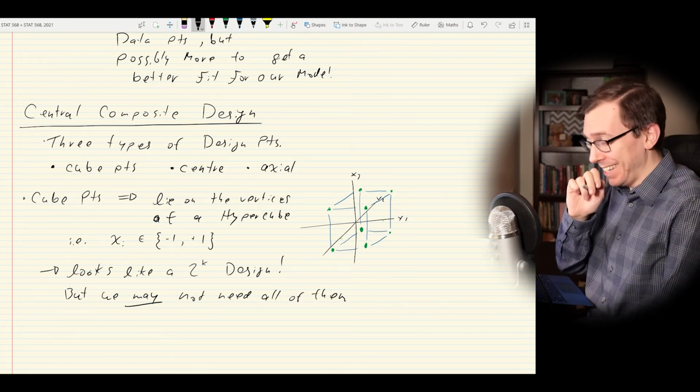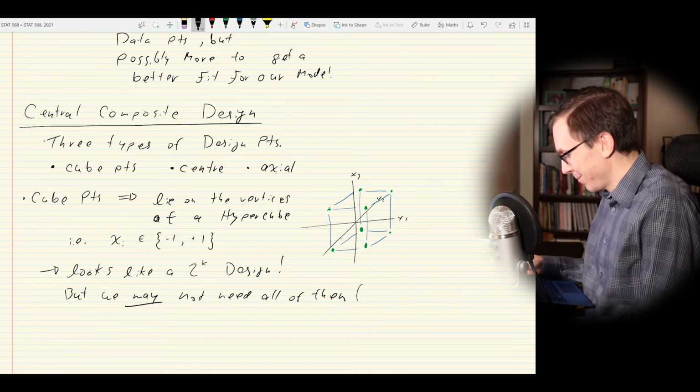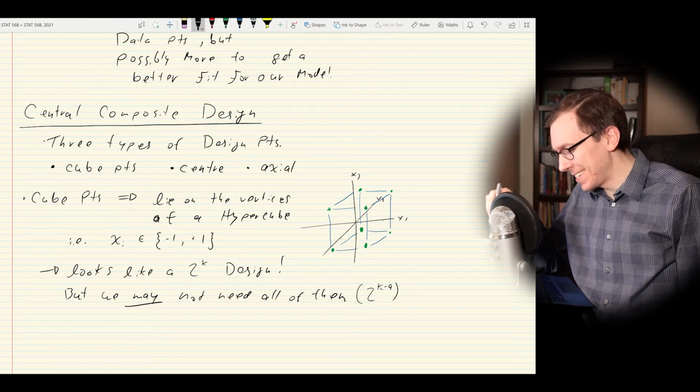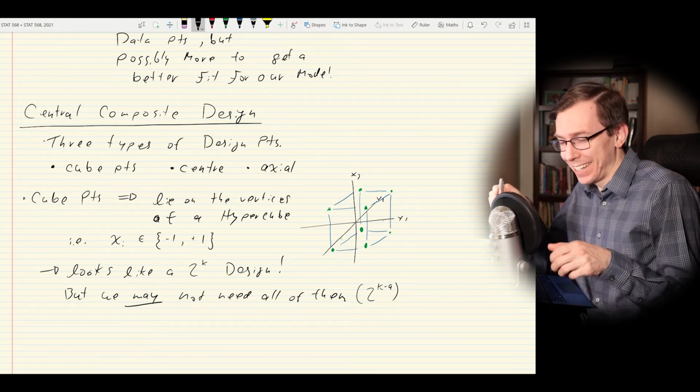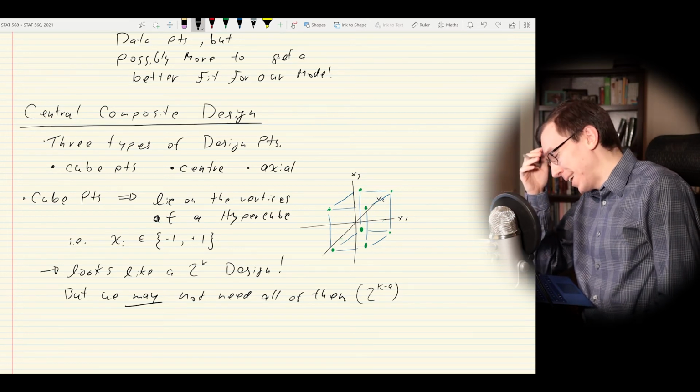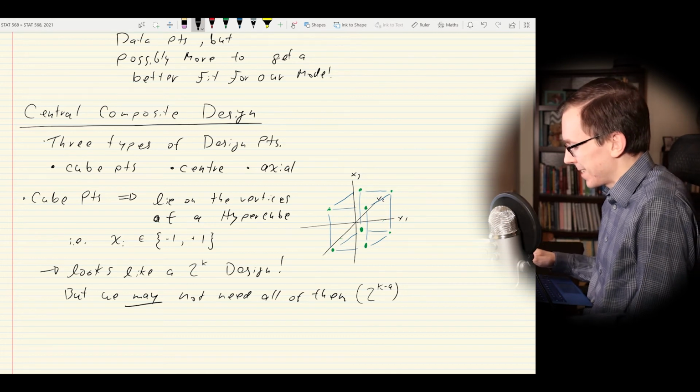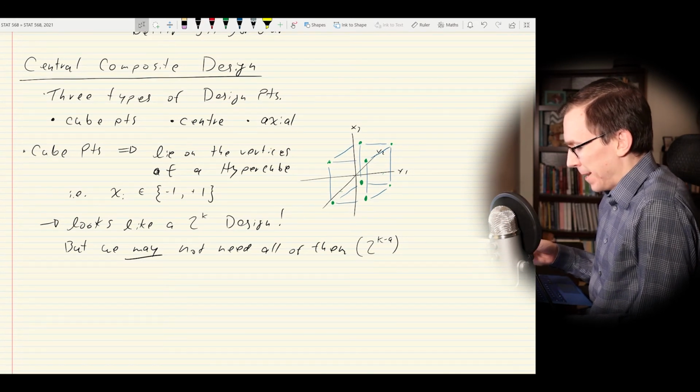So the hint is maybe we're going to want a 2 to the k minus q design, a fractional factorial design instead of a full factorial design, if we don't need all of those data points. But again, we'll get to exactly how to choose this design later.